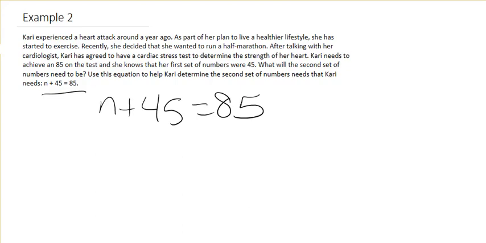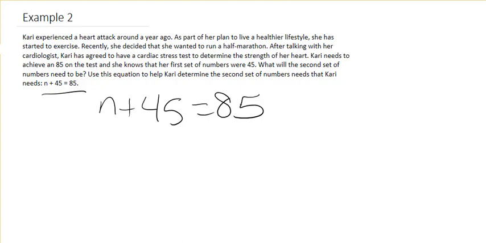So to solve this equation, we need to figure out what the variable n stands for. We can do this by getting the letter n by itself. To do this, we need to use the subtraction principle and subtract 45 on both the left and right hand sides.